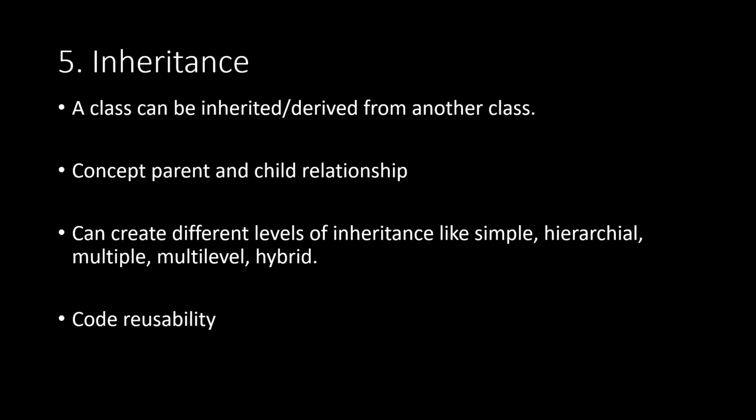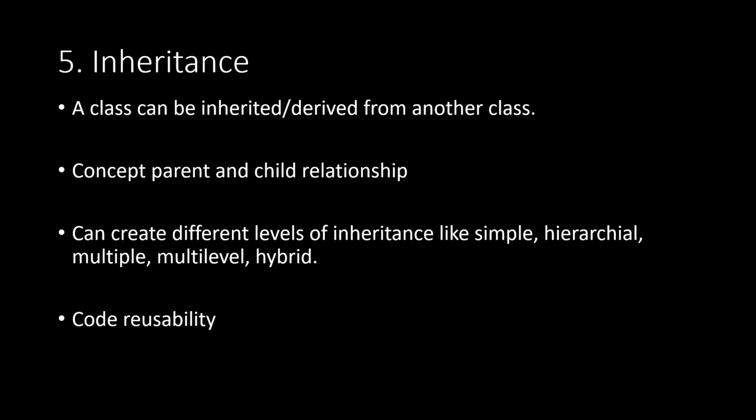And then we come to inheritance. This is the fifth concept here. Inheritance is nothing but a class can be inherited or derived from another class. That is called a parent-child relationship. A parent class and we can have another child class. So both classes can have a relationship. What is the usage of creating a relationship?